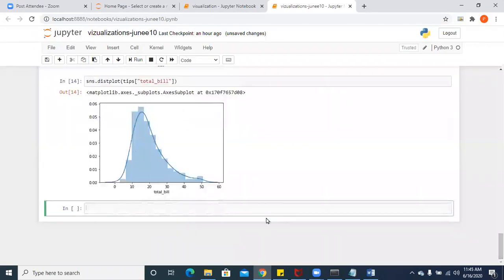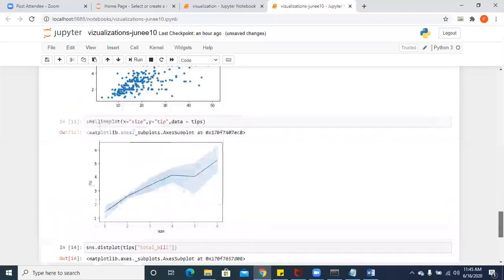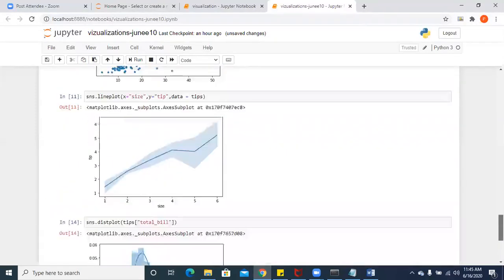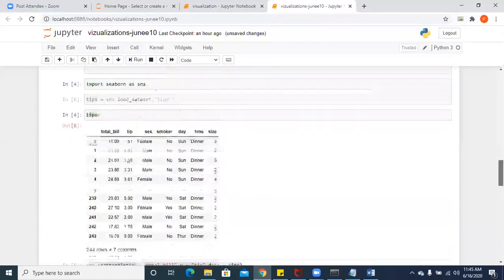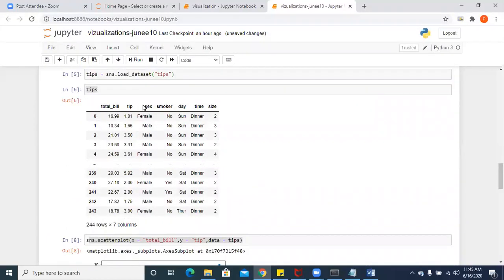Likewise, we have another plot called bar plot. Let's see how to plot a bar plot. SNS dot, and this bar plot can be plotted between an integer and a string or textual data. What are the string or textual data that you have in this tips data set?